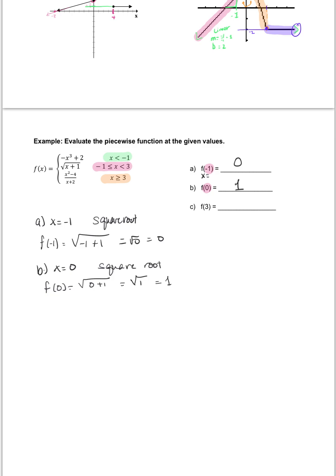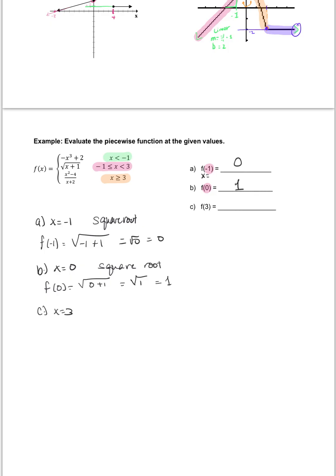All right, let's try the last one. The last one is when I'm saying x is greater than 3, but here I'm saying that x equals 3. So C is when x equals 3. So when x equals 3, which one do I get to use? Again, this has a 3 here, but it's less than, it's not equal to, so it must go into this one. So we're going to go into the rational function.